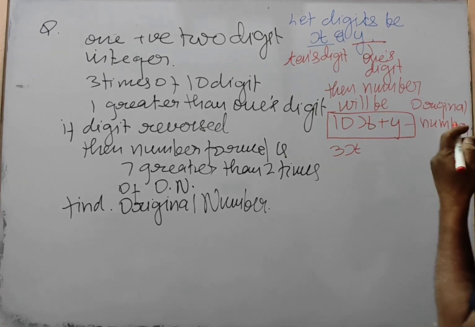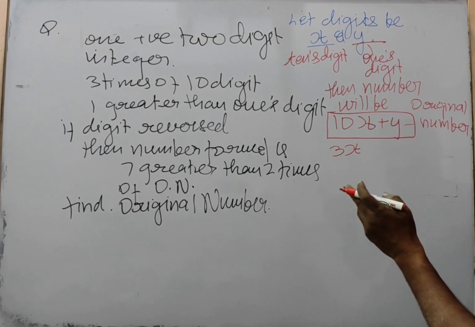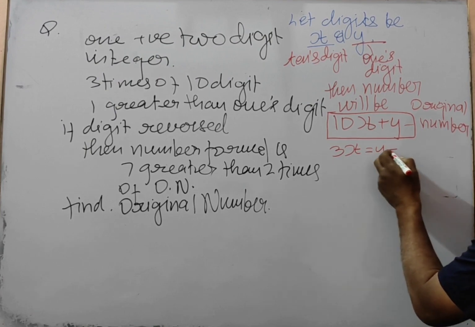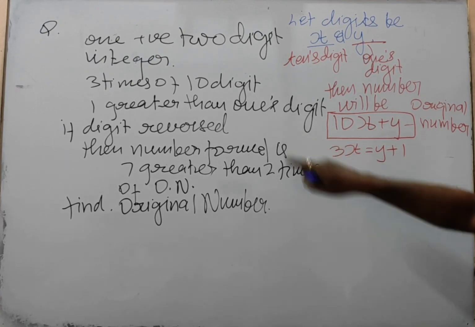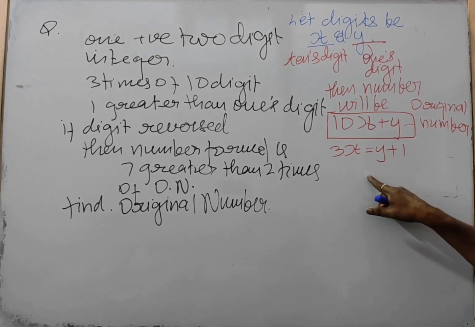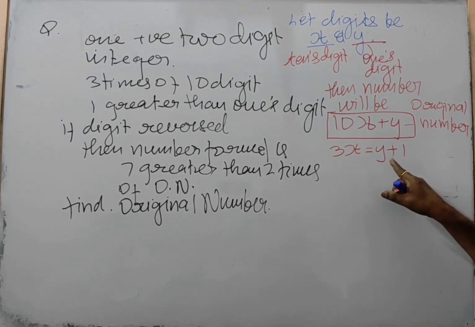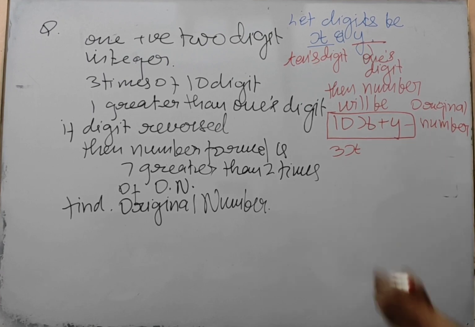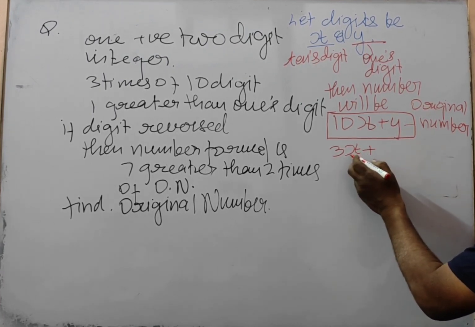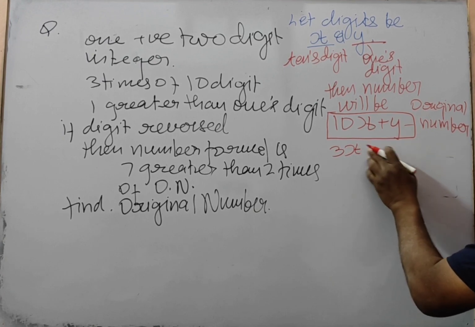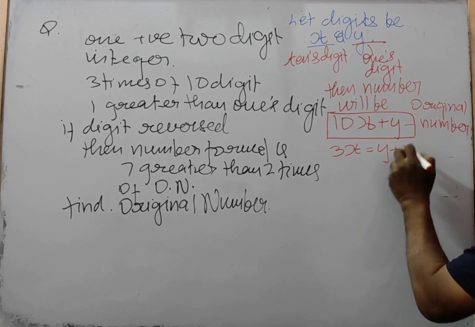Three times the tens digit is 1 greater than the ones digit.